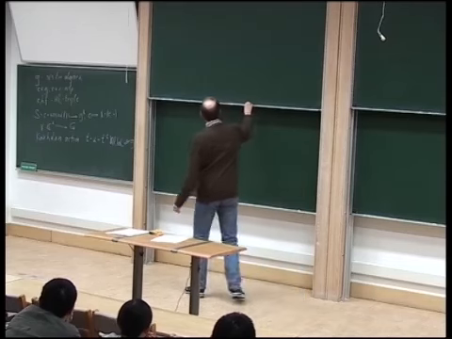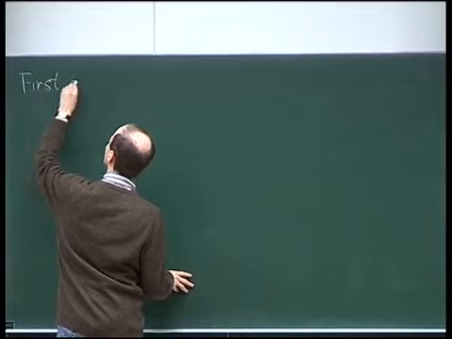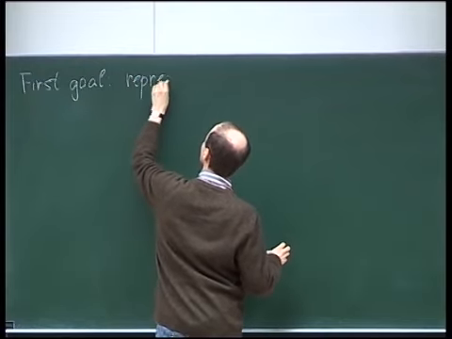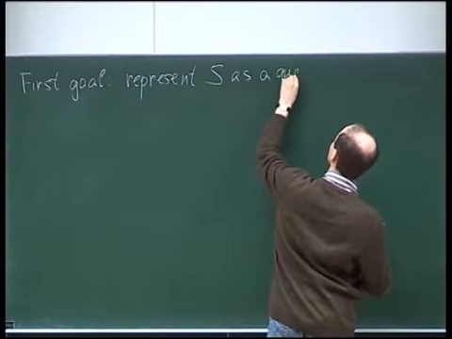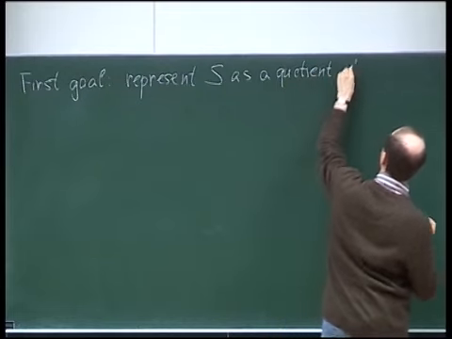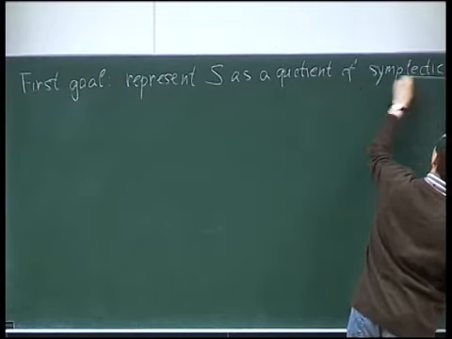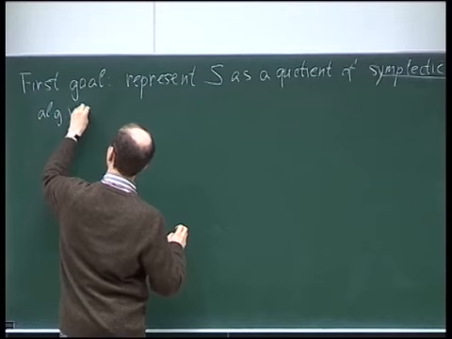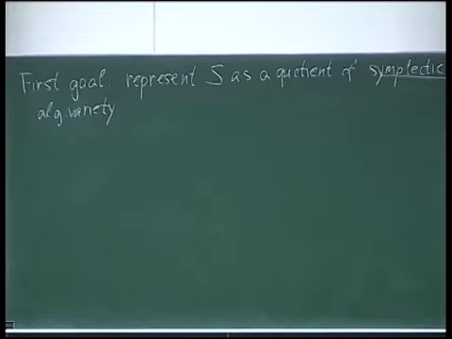And to do this, our first goal is to represent S as a quotient of some symplectic algebraic variety. So among all Poisson varieties, symplectic ones are the nicest.